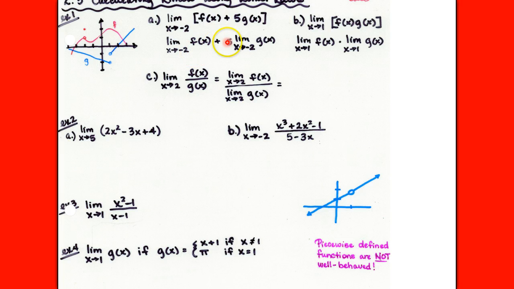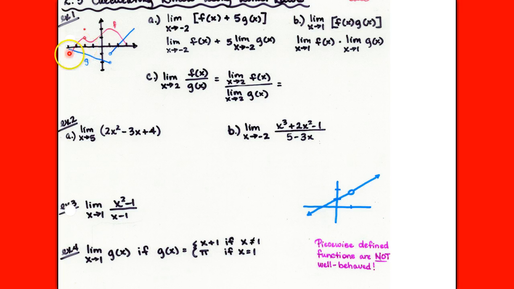So here's the limit of the first function and the limit of the second function. I also have that constant property that says if you have a constant times a function, you can pull the constant out in front and do the limit first. So now I literally can just look at the graph and say, okay, if I'm looking for the limit as x approaches negative 2 for f of x, come over here to the blue graph and say, okay, here's negative 2 right here.